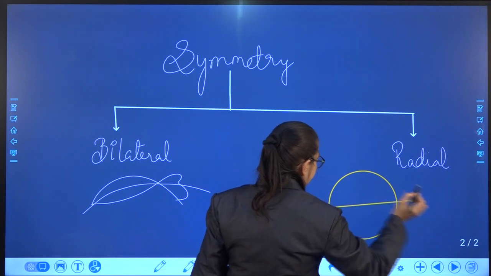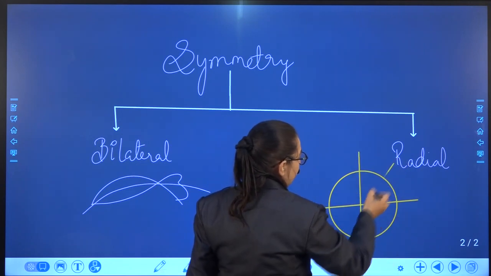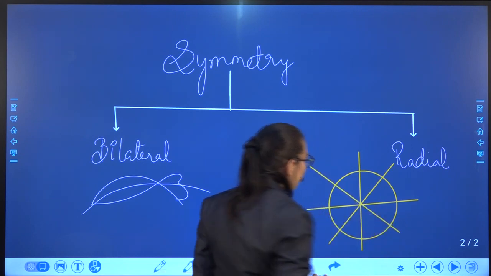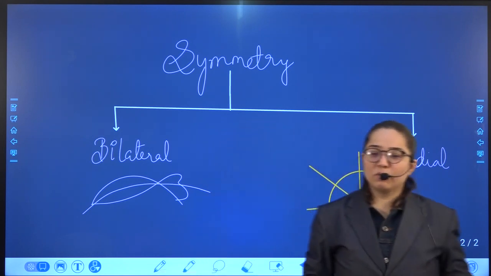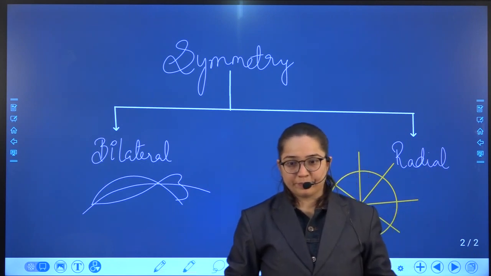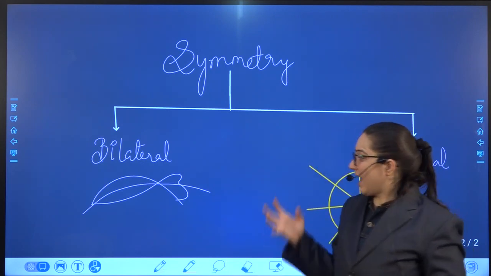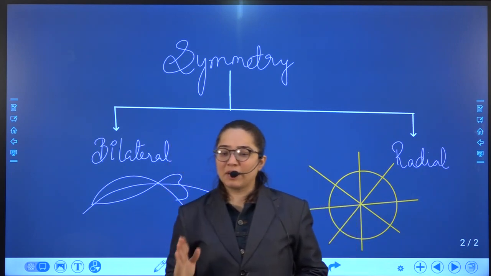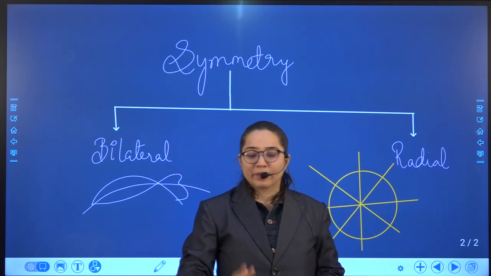I can divide it like this. It may go like this. It may go like this. It may go like this. Wherever you divide it, it will be cut into two equal parts. So when it is any plane, at that time it is radial, and when it is only one plane, at that time it is bilateral.